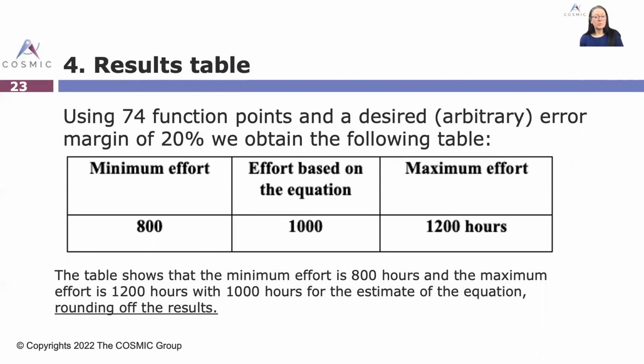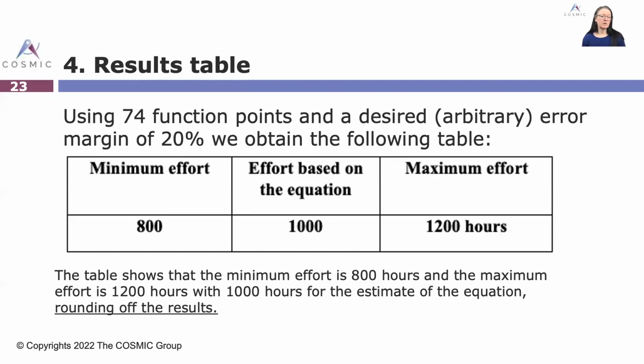Now, does your new project, the one you're estimating, have a similar level of risk, or a much lower level of risk, or a higher level of risk? Then this will decide what contingency you should put.